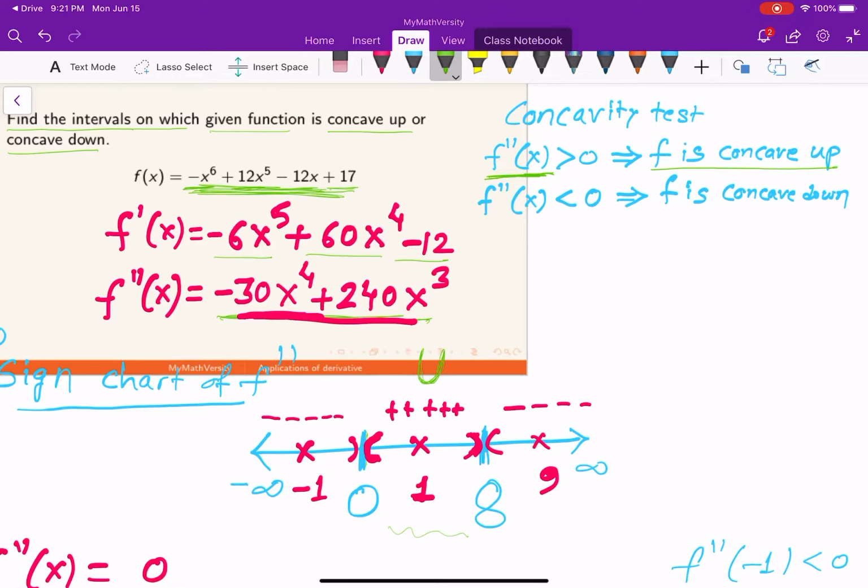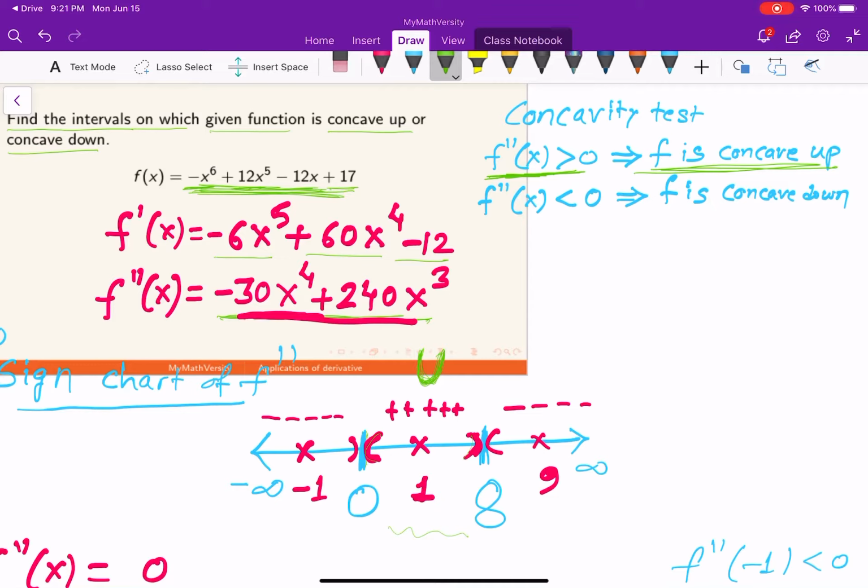I just want to write down a symbol there for my convenience, to later say, oh yeah, it was concave up there. But the fact that the function is concave up here is because of the concavity test, and because the second derivative is positive from 0 to 8.